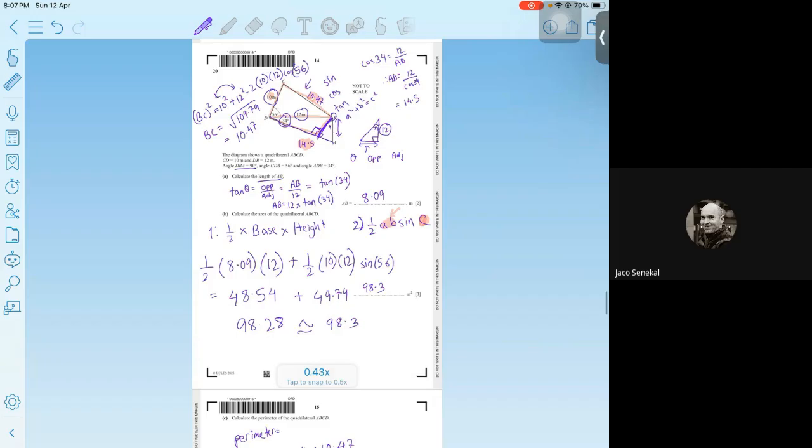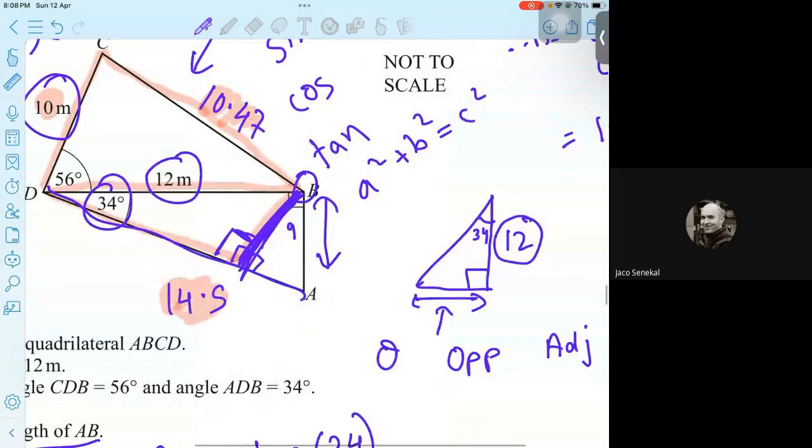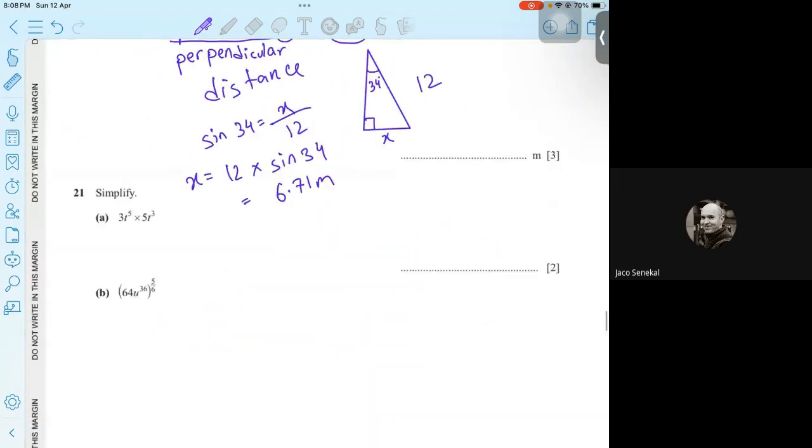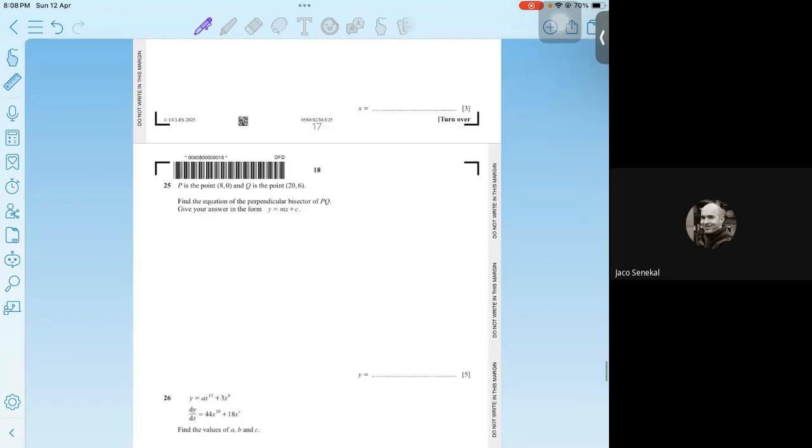That just means this length is 6.71. This is the shortest distance from B to AD, okay? Answer is 6.71.